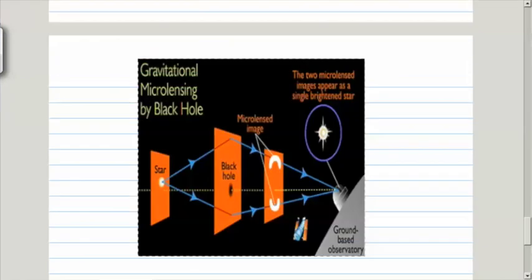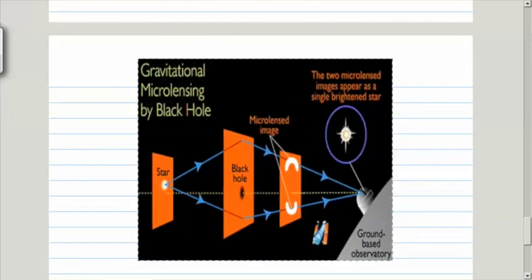Okay, and let me just explain what gravitational microlensing is. Okay, so this diagram schematically explains what gravitational microlensing is.